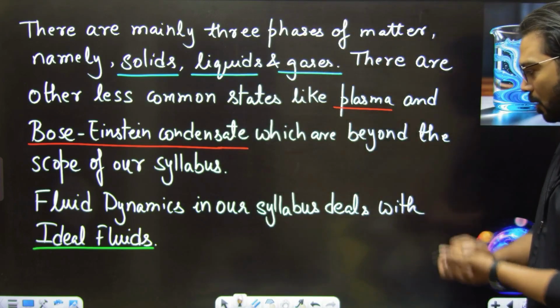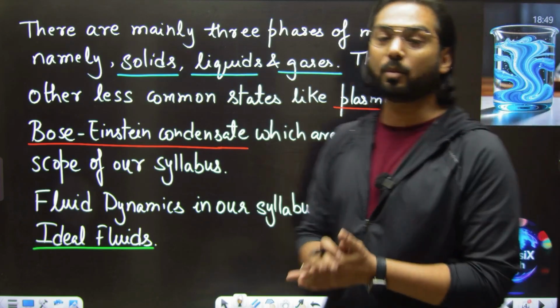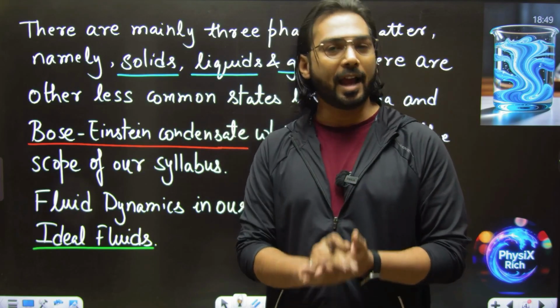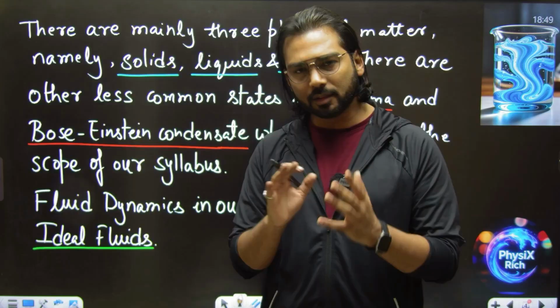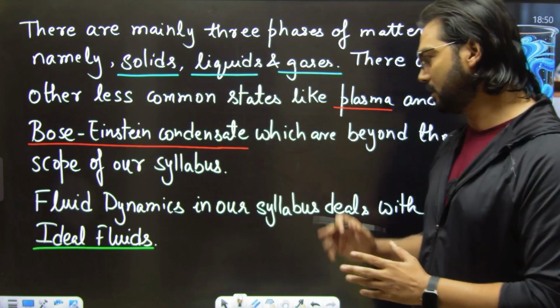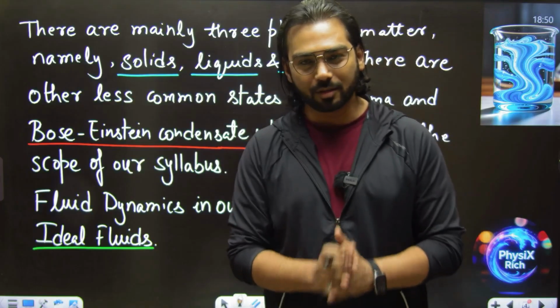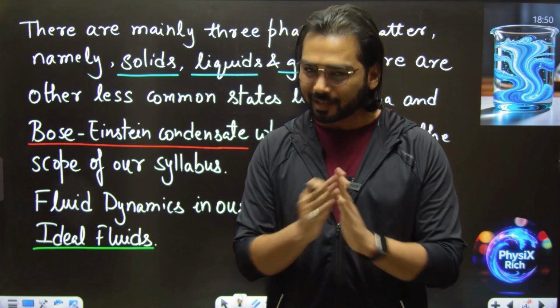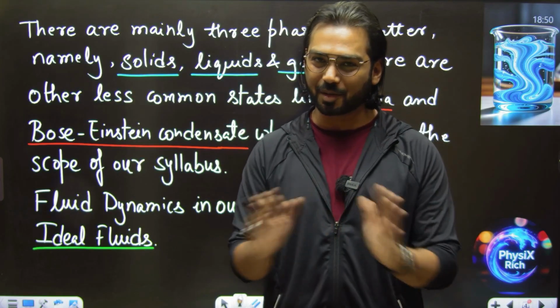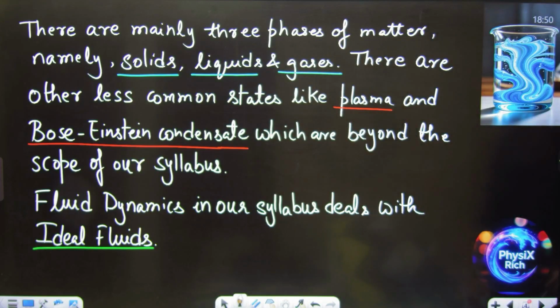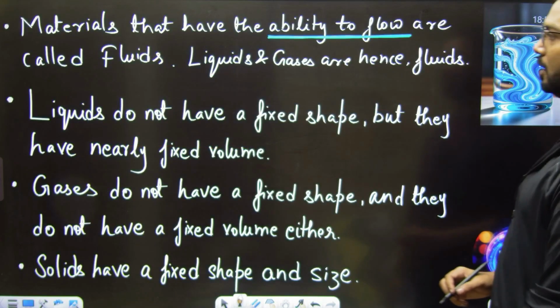Fluid dynamics, and what I mean by fluid dynamics is flowing fluids, and I would rather say even static fluids, deals with something called ideal fluids. So no gases, no Bose-Einstein condensate, no plasma, no solids, just ideal fluids. All right. We will be only discussing ideal fluids.